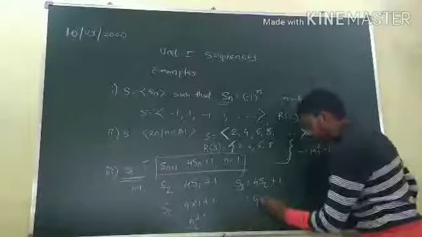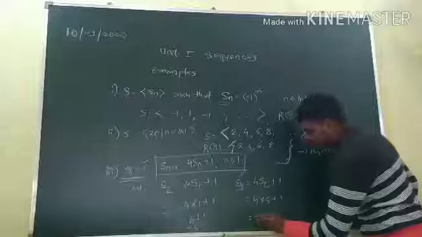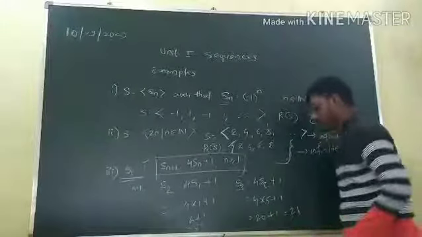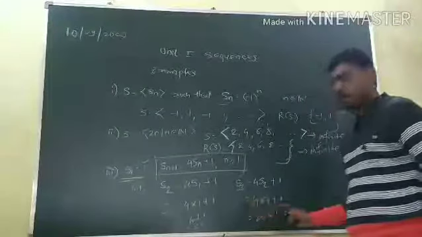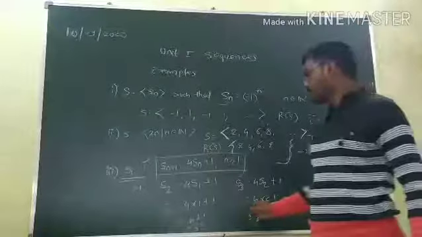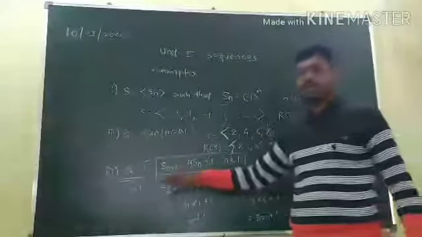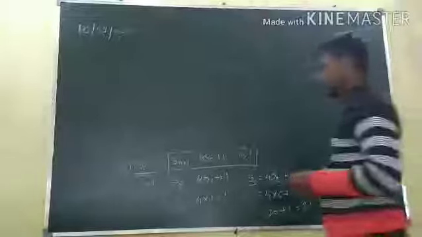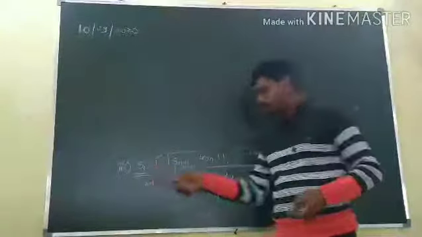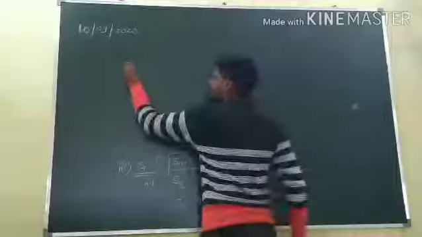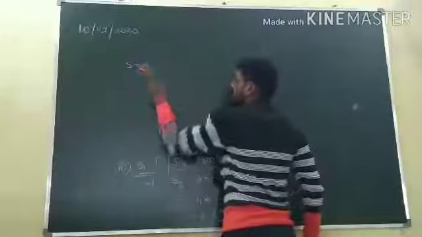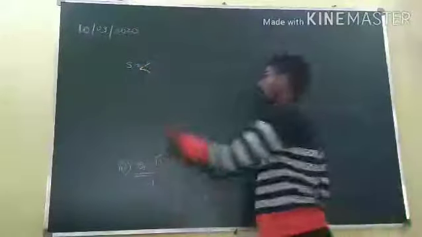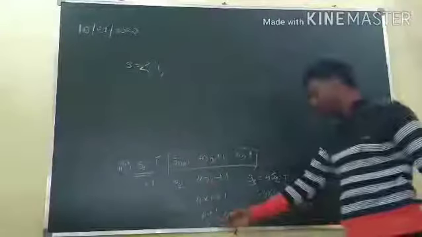So 4 into 5 plus 1 is equal to 20 plus 1, which is 21. So the value of S3 is 21. So we have found some elements of the sequence. We will list these numbers. So the sequence: the first term is 1, the second term we have found, which is 5.